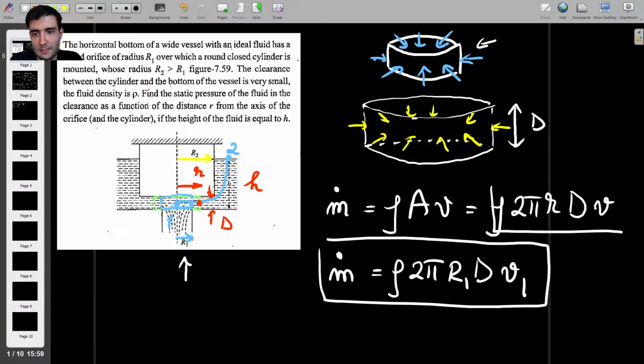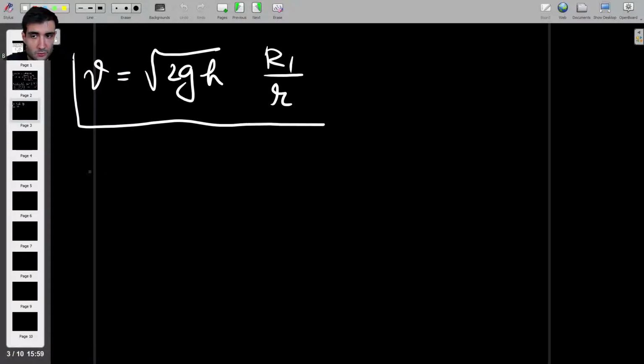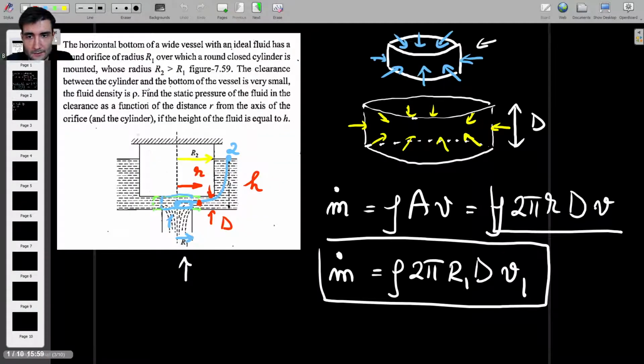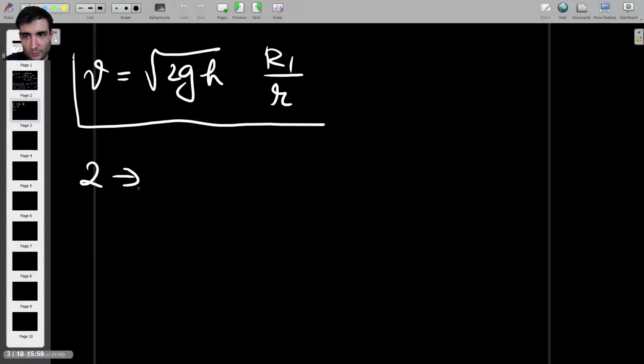And how do we do that? Well, we can apply Bernoulli once again. This time I'm going to apply Bernoulli between point 2 and let's call this point P. Between point 2 and point P, this is what we will have.